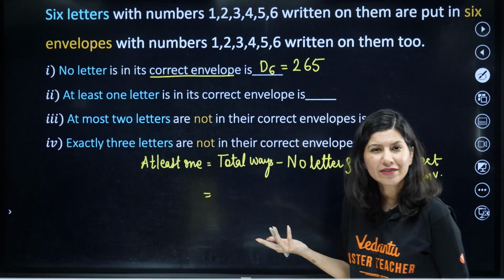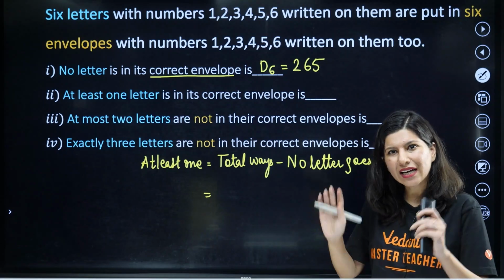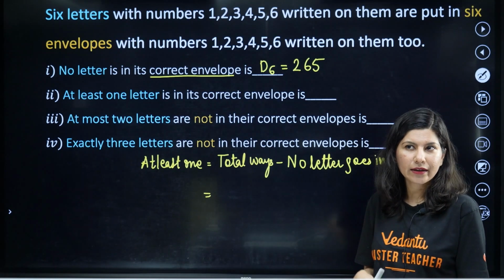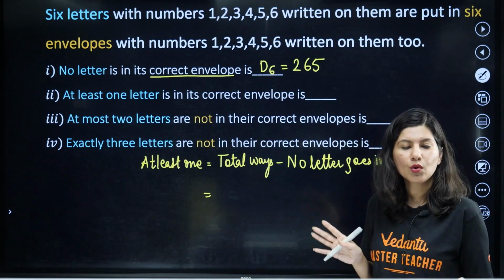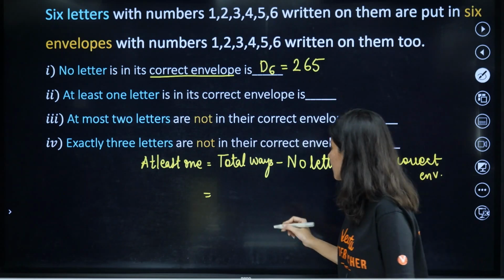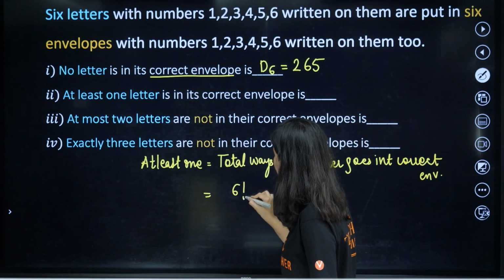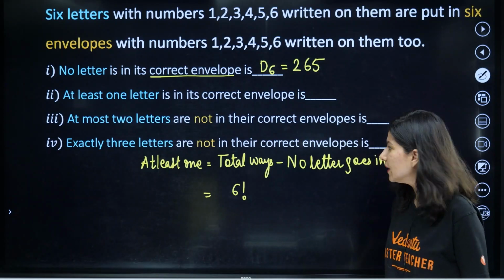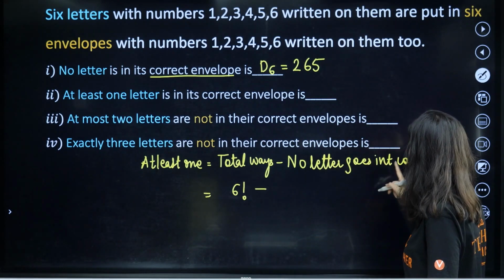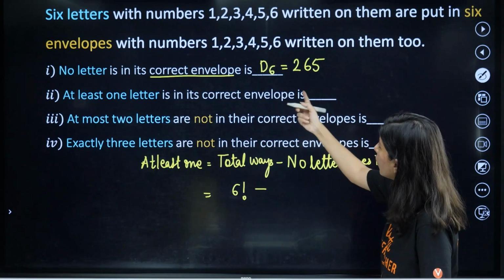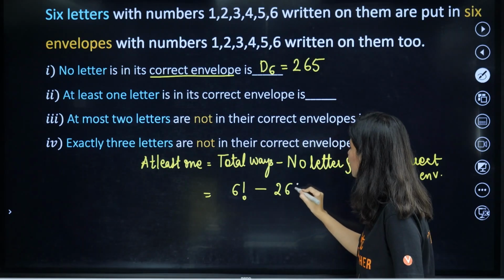What are the total ways? Including everything, including arrangement, derangement, everything. Like goes into right position, goes into not right position. So total ways will be 6 factorial. Minus we want no letter goes into correct envelope, so no letter goes into correct envelope, 265.